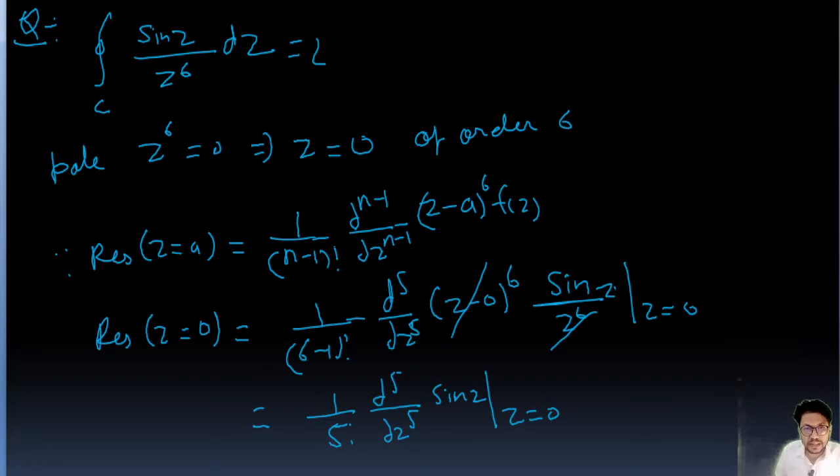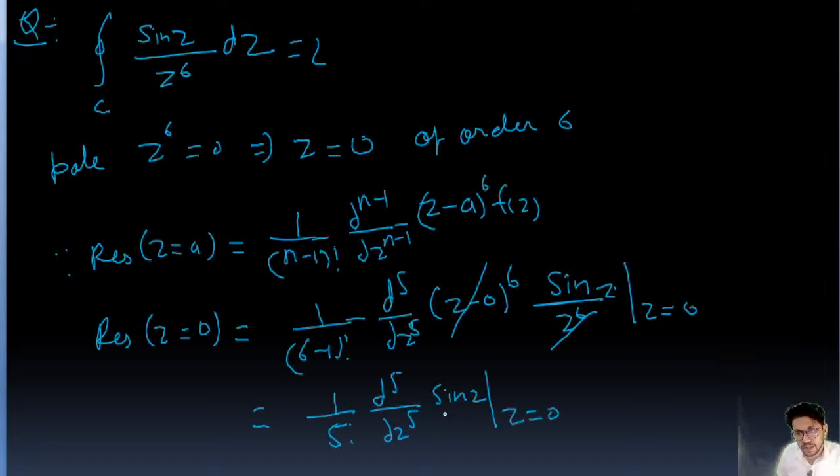So the residue at z equal to 0 is going to be 1 upon 5 factorial. We differentiate it: first time it is cos z, second time it is minus sin z, then third time minus cos, fourth time sin, fifth time cos.